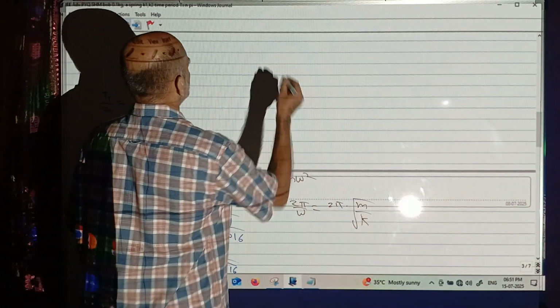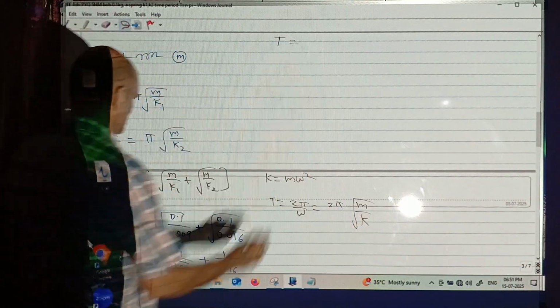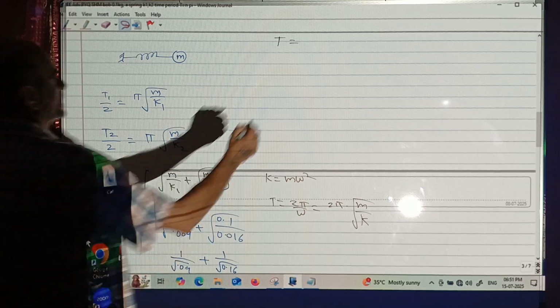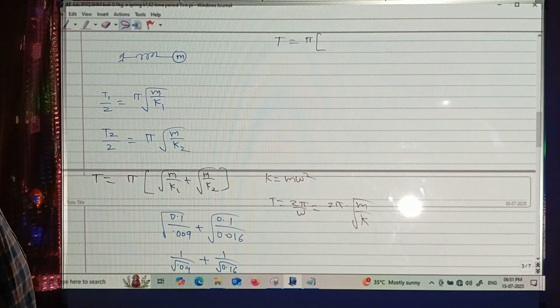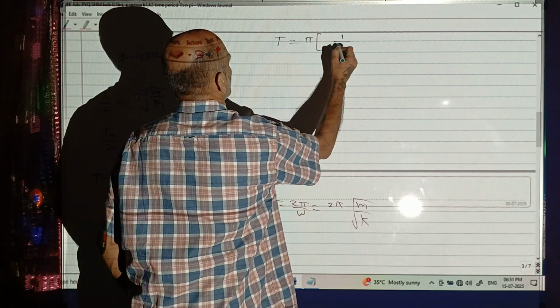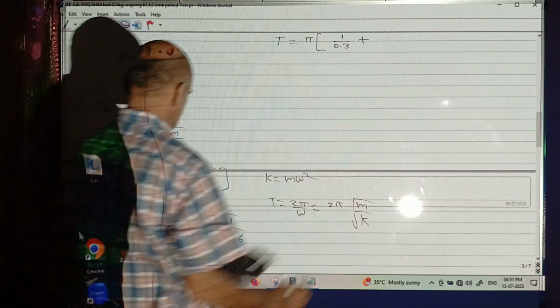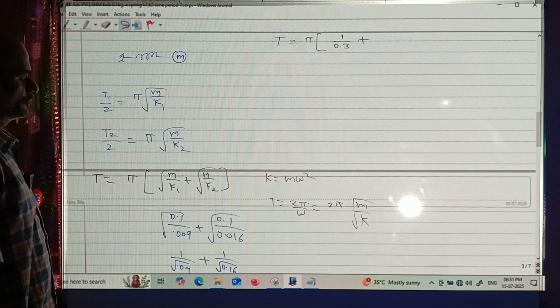So the time period T is pi times 1 by 0.3 plus 1 by 0.4.